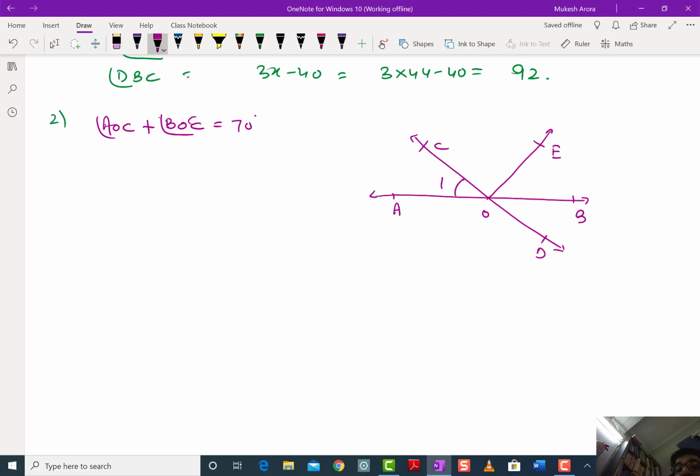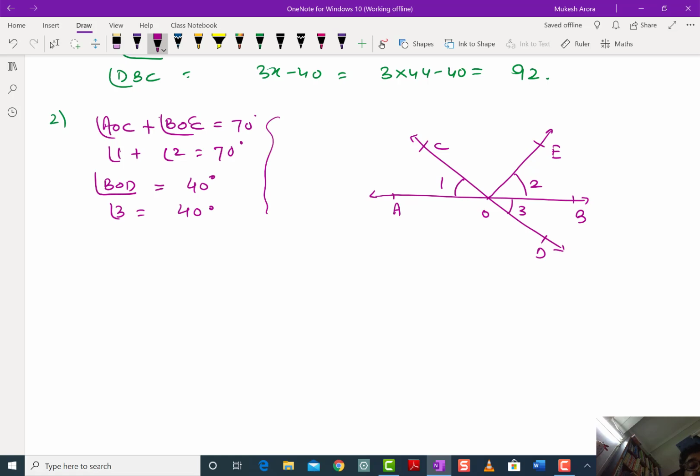AOC is angle 1 plus BOE is angle 2. Angle 1 plus angle 2 is equal to 70. And angle BOD, angle 3, is 40 degrees.